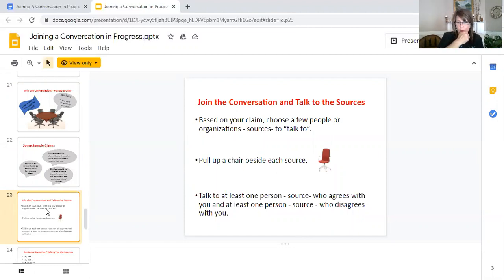Now, if you watched the video about the Atwoodian table up in the foundational practices section, I believe it was module 2, then you understand the importance of moving your chair around at the table and talking to the sources and how that really prepares you for making the argument.